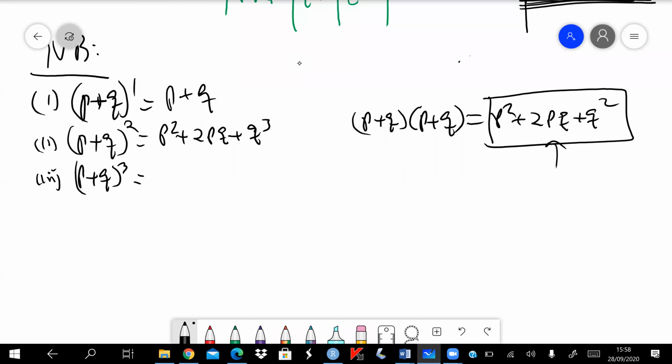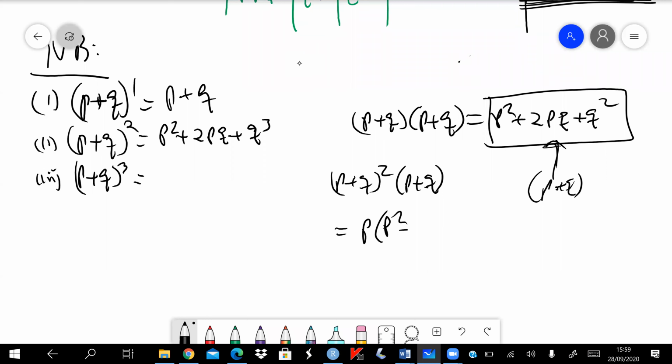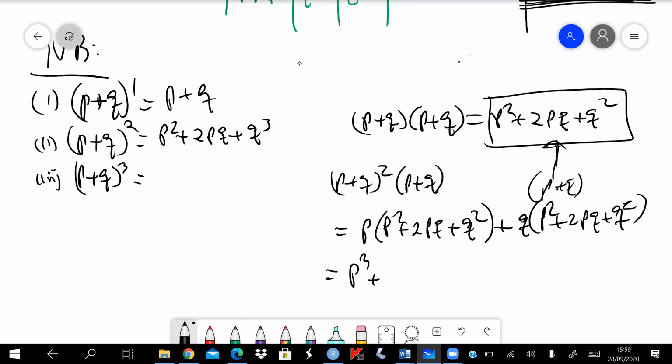It's the same as taking P plus Q squared multiplied by P plus Q. So take this here, multiply by P plus Q. So you'll end up with P squared plus 2PQ plus Q squared, times P, plus P squared plus 2PQ plus Q squared, times Q. So if you expand this, you're going to get P cubed plus 2P squared Q plus PQ squared.